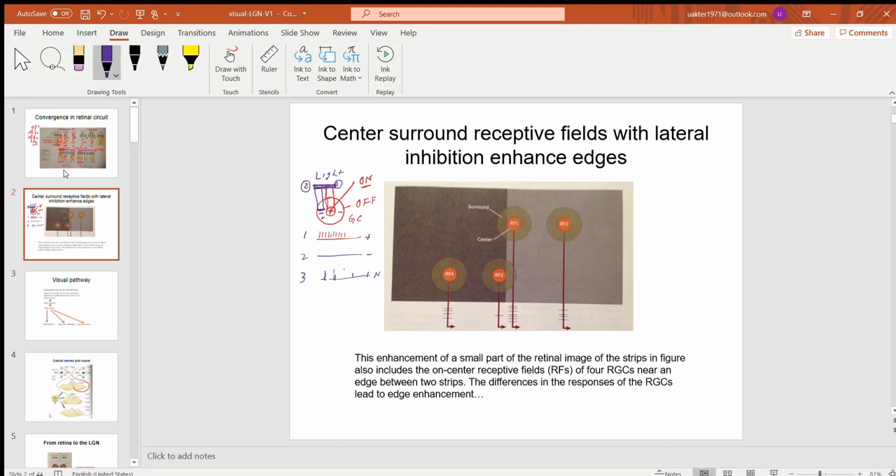Now, if I don't put any stimulus, no light, so both on and off in darkness, dark will stimulate the off surround but inhibit the on center. So it's just opposite of this, right? So this is also neutral.